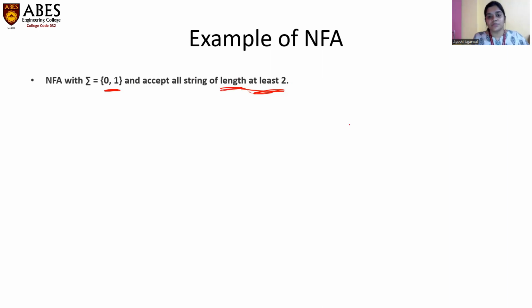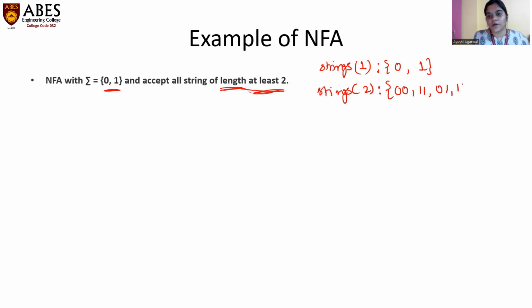Length of 2 means, if we talk about strings with length 1 over input 0, 1, that is obviously 0 and 1 only. Now strings with length 2 will obviously be 00, 01, 10, and 11.